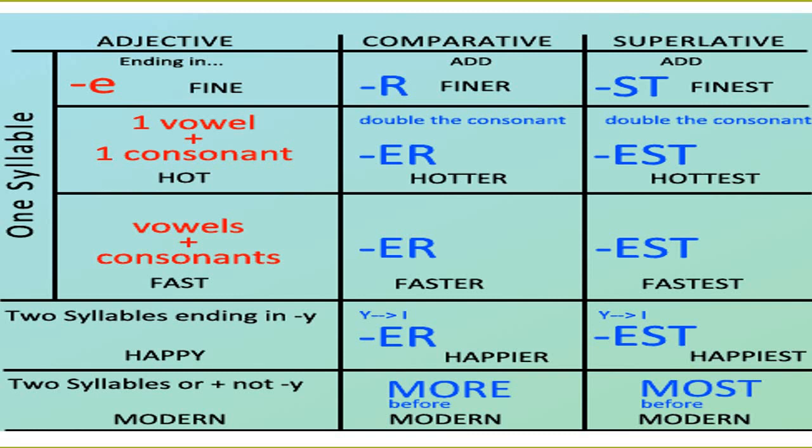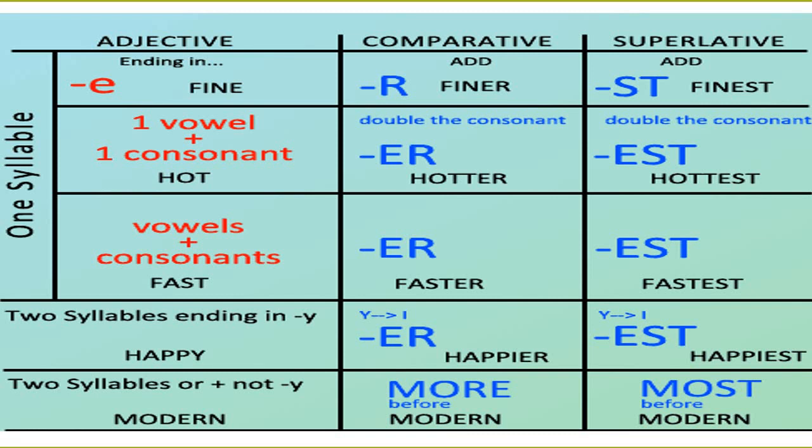Here look at the example. The adjective is hot and the comparative form is hotter. The last consonant letter is T and we have written double T letters. And look at the superlative form, hottest. Here also we have written double T letters and added EST.